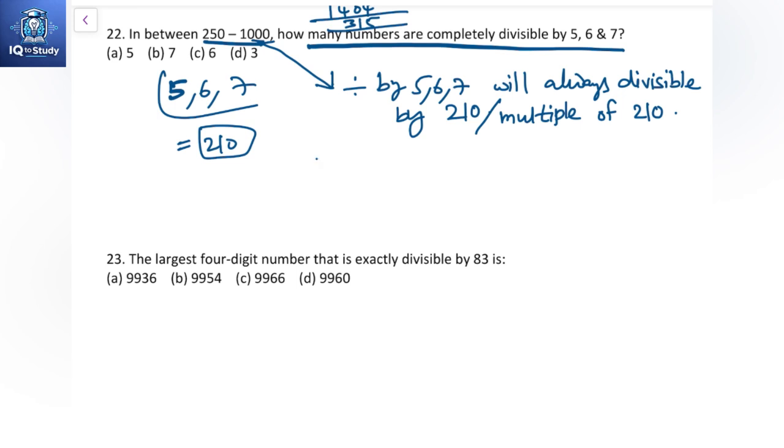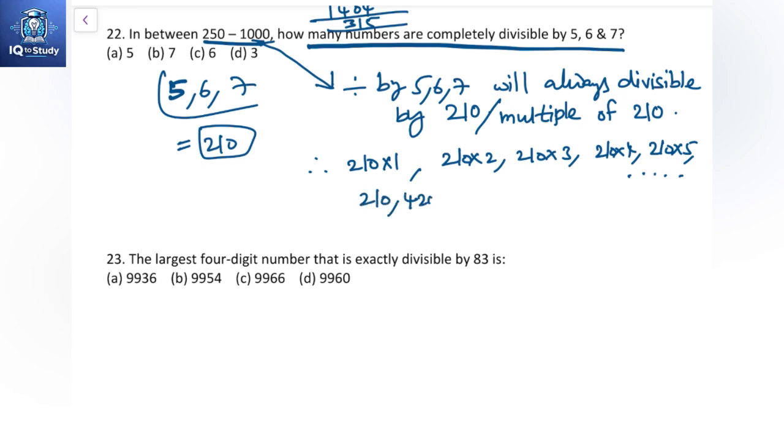Therefore, 210 into 1, 210 into 2, 210 into 3, 210 into 4, 210 into 5 and so on, which is equal to 210, 420, 630, 840 and so on.